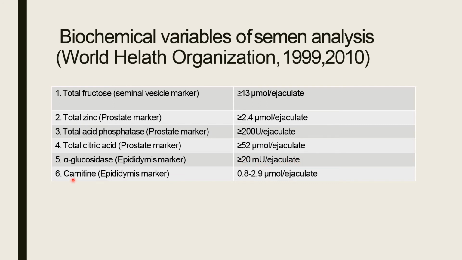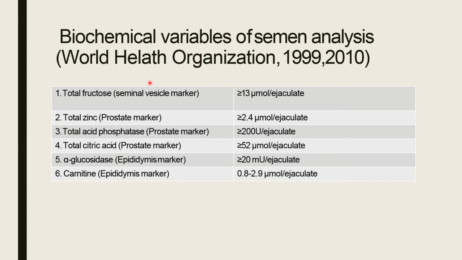And then carnitine is also released from the epididymis, and it should be present at 0.8 to 2.9 micromole per ejaculate of the semen. Carnitine is actually a biologically active amino acid, and it helps the fatty acid to enter into mitochondria for producing energy by the process of oxidation.